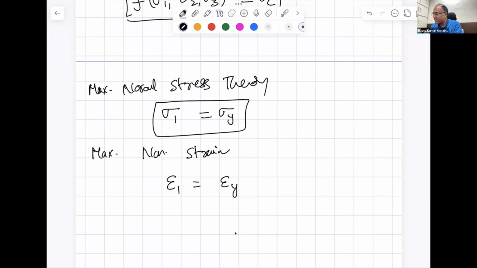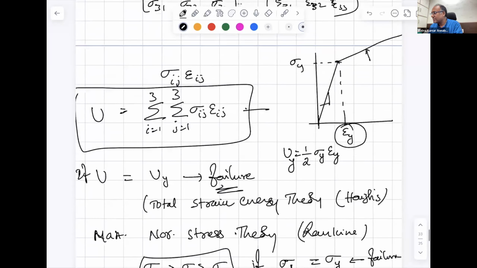I can always write epsilon y in terms of sigma y, right?